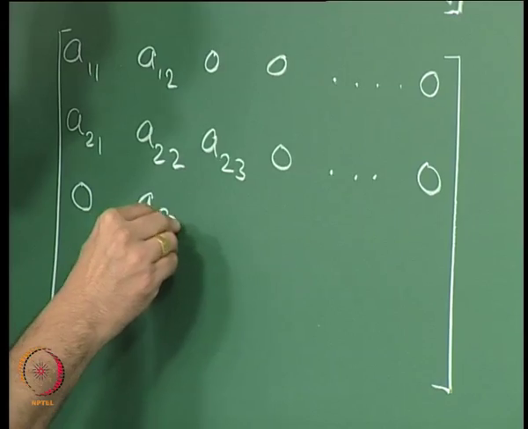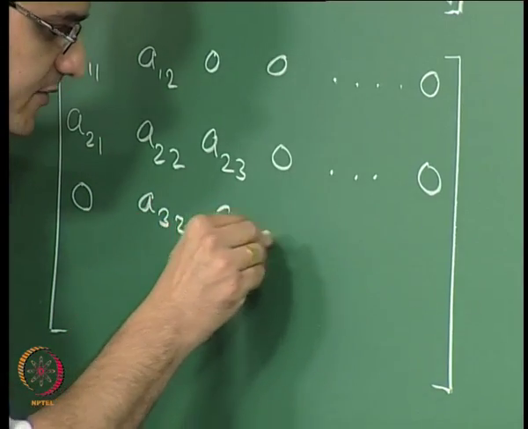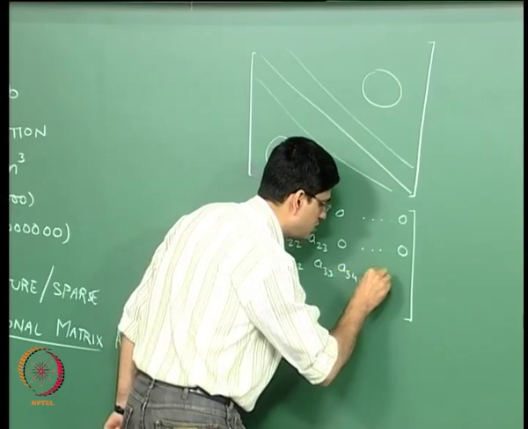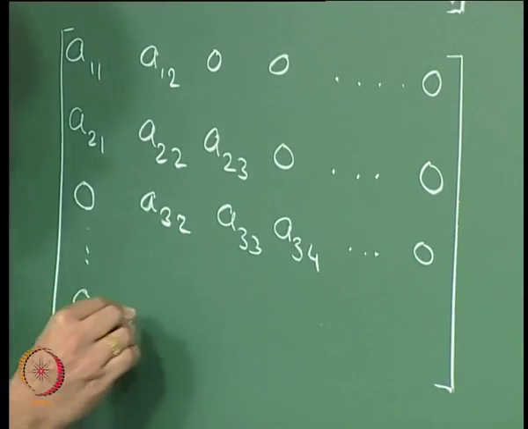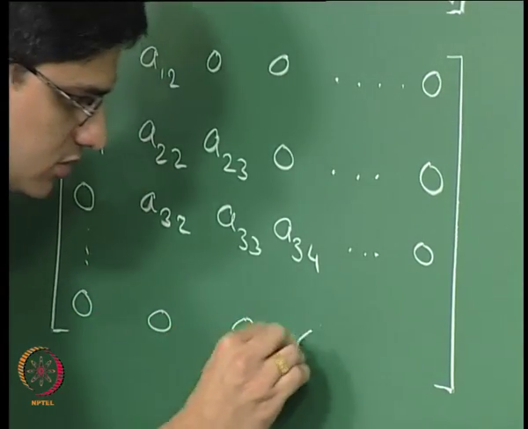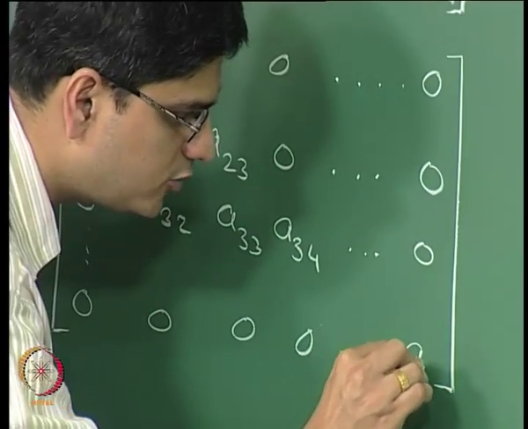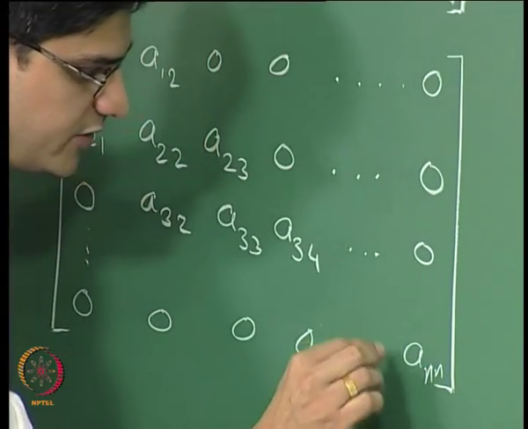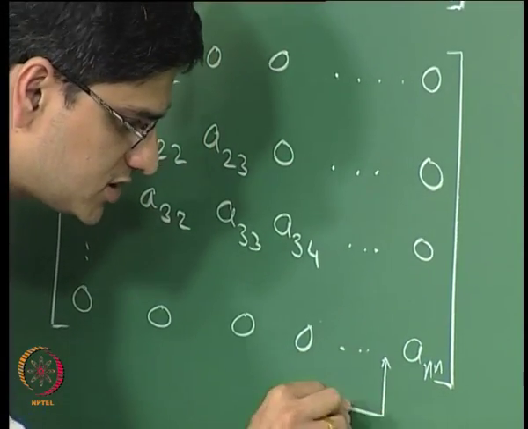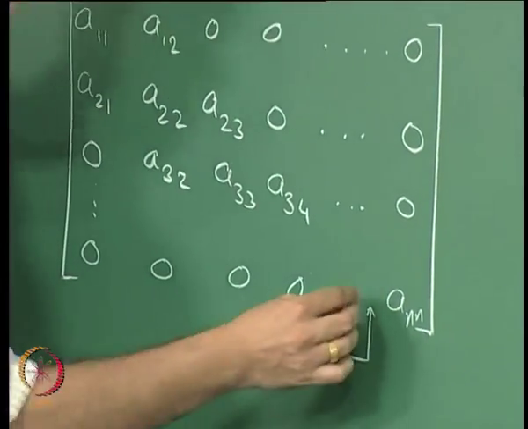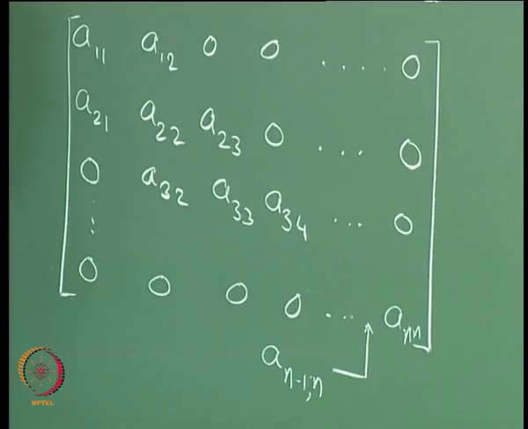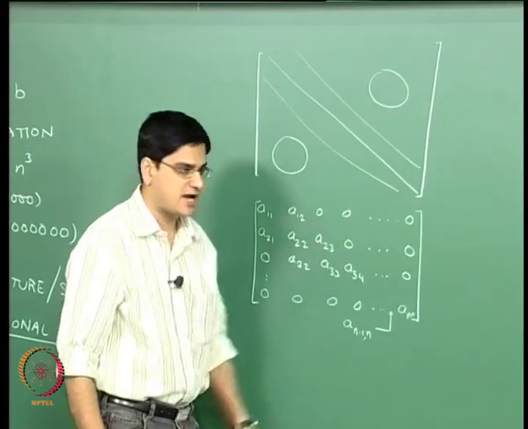Then we will have A32, A33, A34 and everything else will be 0 and so on. We will have 0, 0, 0, 0 and so on up to ANN, and over here this term is going to be A n minus 1 comma n, and everything else in this particular row is going to be 0. So this is a tridiagonal structure.